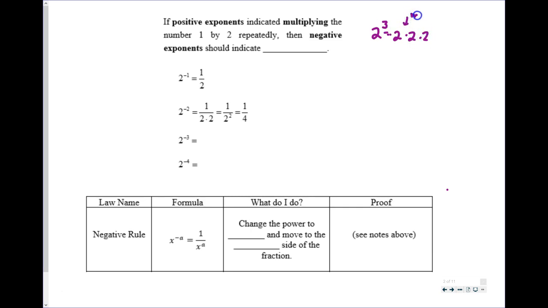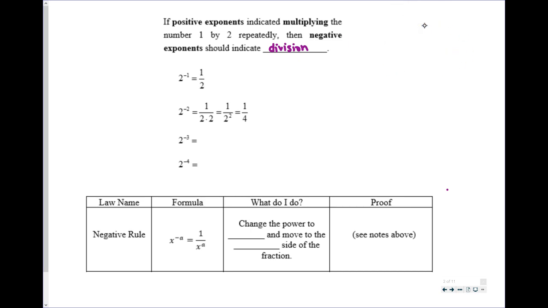I'm multiplying. The negative exponents should indicate, well, if negative is the opposite of positive, what is the opposite of multiplying? It is division. So negative exponents don't mean make the number negative. Negative exponents deal with this idea of division.